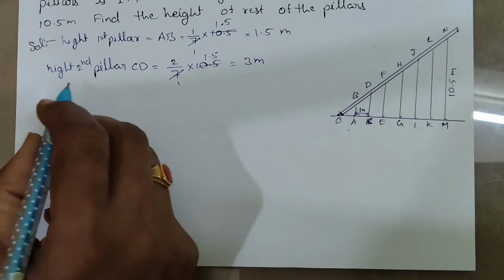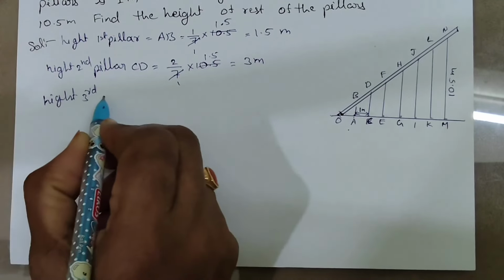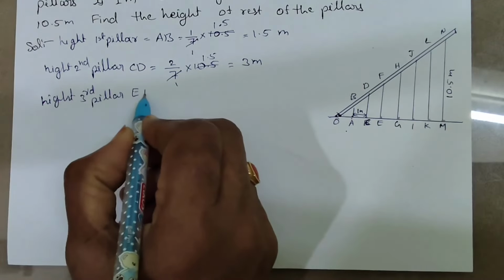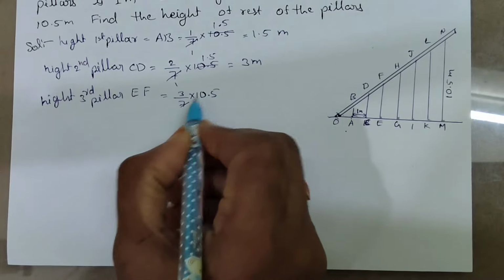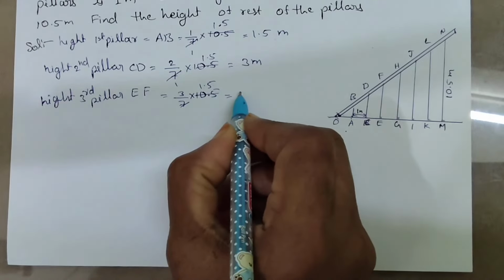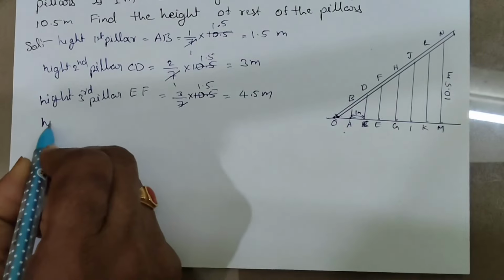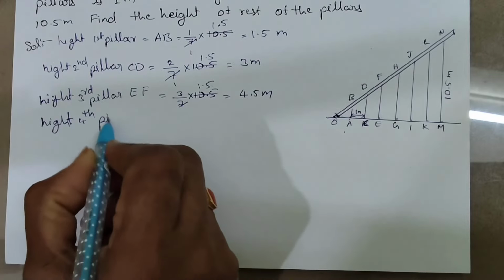Now the height of the third pillar. The third pillar is EF. EF is equal to 3 by 7 into 10.5. One part is 1.5, so 3 into 1.5 is 4.5 meters. So that is the third pillar height. Next, the height of the fourth pillar.